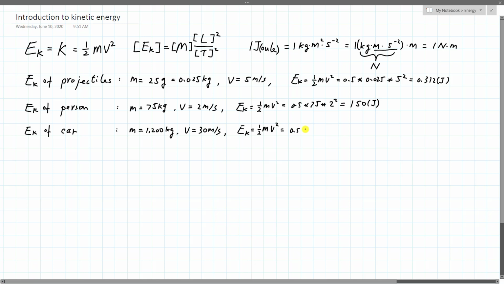So let's keep going. 1,200 times 30 squared. Because we're squaring velocity, and this time we have a higher velocity.